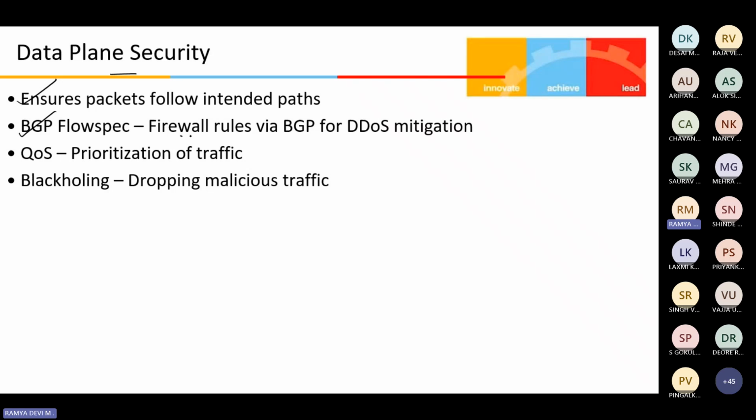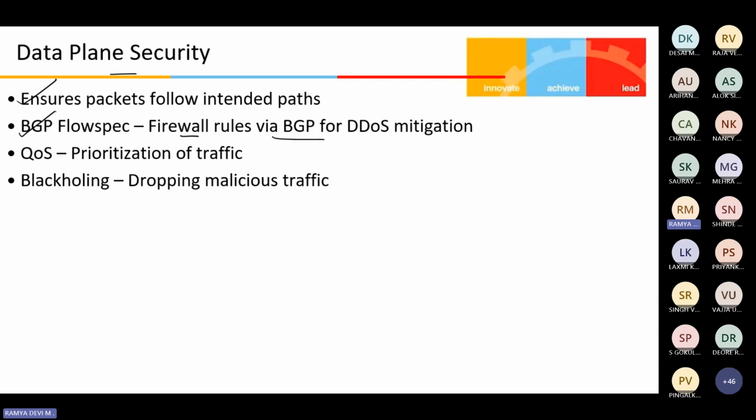Firewall rules via BGP for DDoS mitigation. FlowSpec allows operators to distribute traffic filtering rules dynamically with the help of BGP. Instead of manually configuring firewalls on each device, a central controller injects the rules across the network in real time.